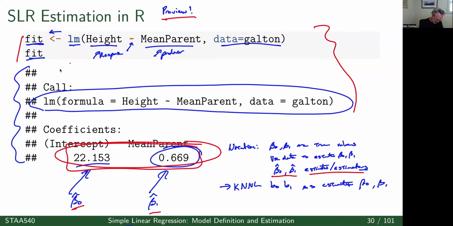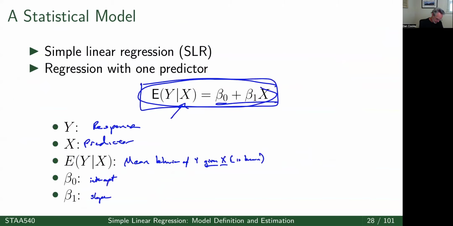And finally, we talked about slides 28, 29, 33, and 34. On 28 and 29, we represented our model in a different way. It's a parallel way, an equivalent way, but a useful way of thinking about our model as a conditional model.